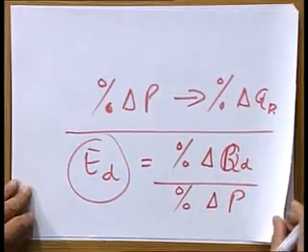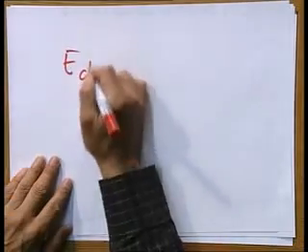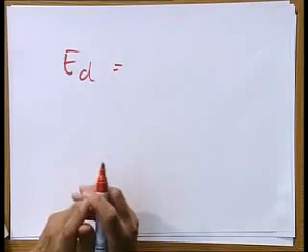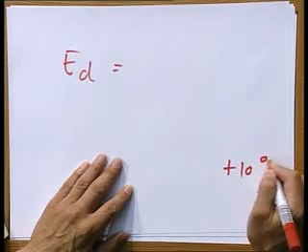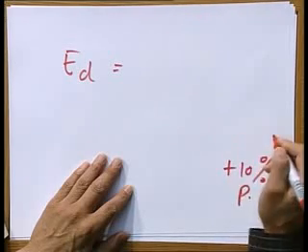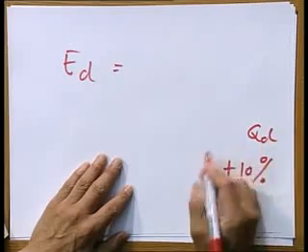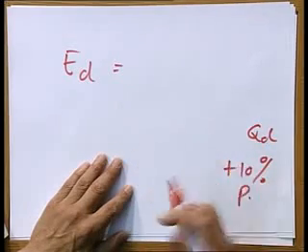So if you apply that formula, say for example by using some numbers, we can use a textbook example. If the price goes up by 10%, what will happen with the quantity demanded? Quantity demanded, according to the law of demand, will decrease.